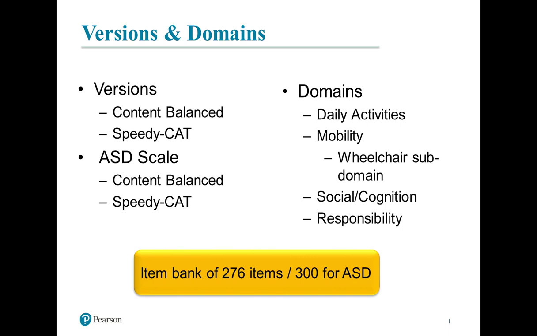So in terms of the domains of the assessment, you've heard me mention these a few times already. So there's the daily activities domain, and this consists of 68 items in areas such as dressing, maintaining hygiene, home tasks, eating and mealtime.